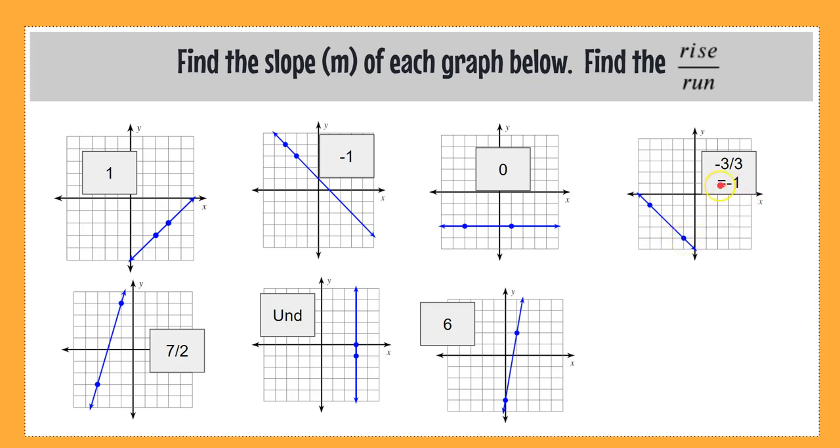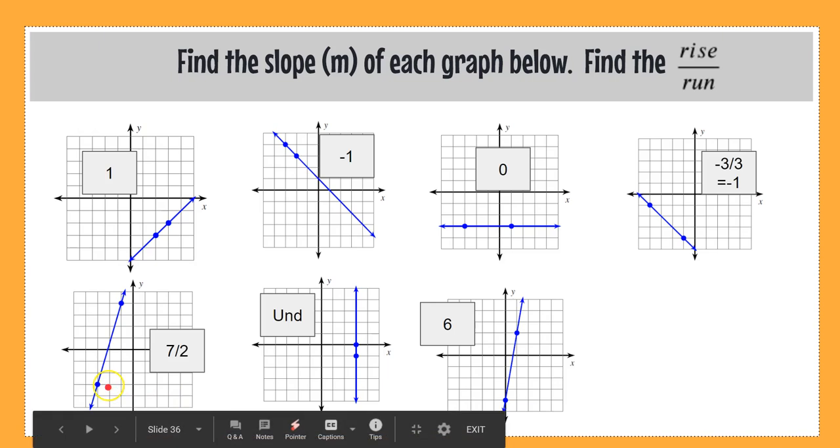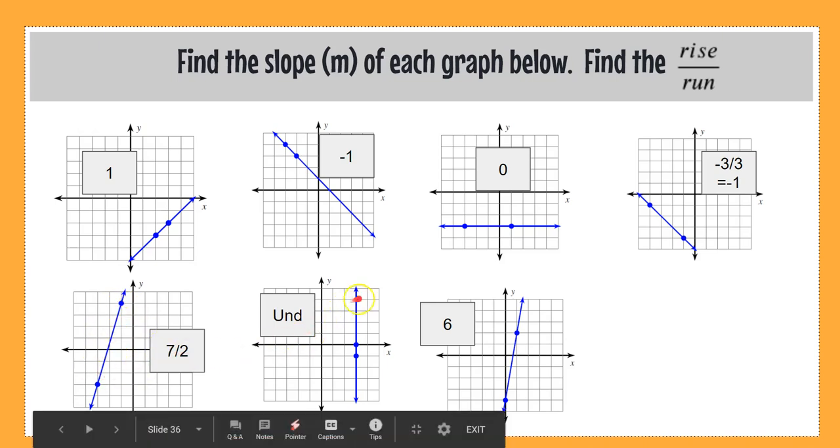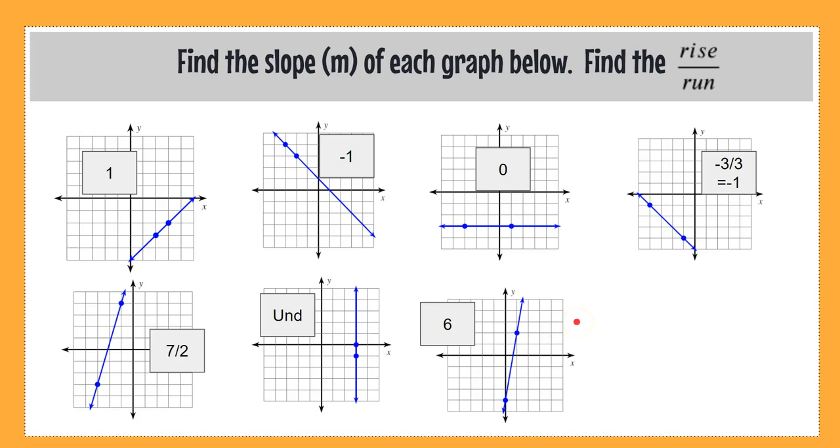And negative 3 over 3 is negative 1. All right, let's try this one. It's positive. See, I already know that. 1, 2, 3, 4, 5, 6, 7, and right 1, 2, so 7 halves. This one, don't have to calculate. It's undefined. Remember, it's that vertical line. And here, I'm going to go 1, 2, 3, 4, 5, 6, and right 1. And 6 over 1 is 6.